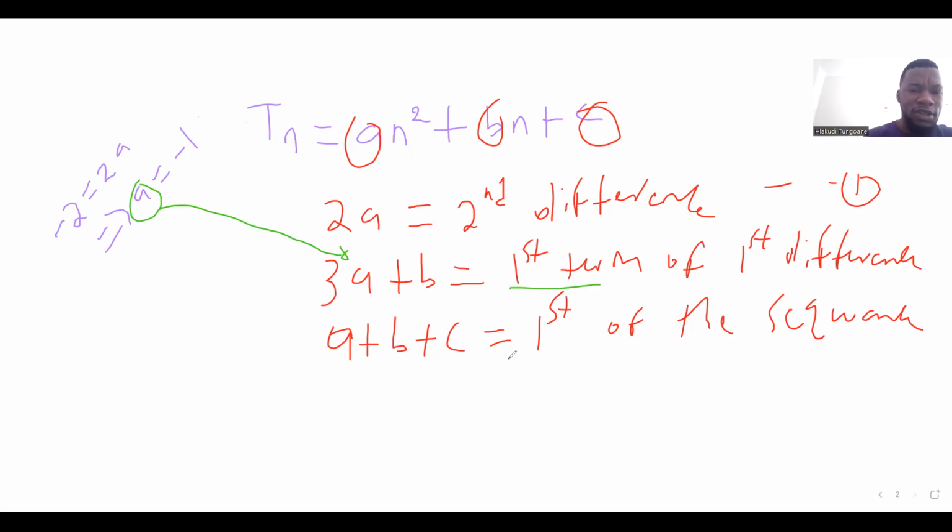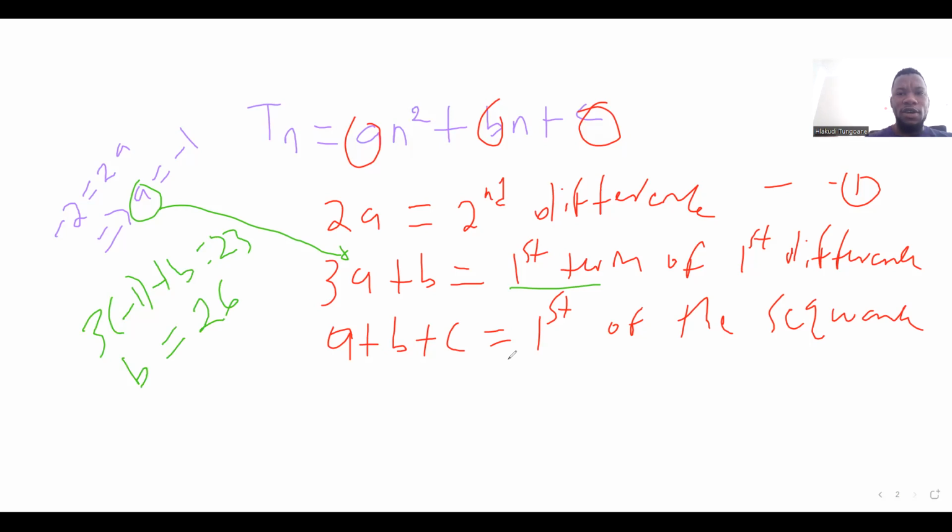We're going to have 3 times a, a is -1, you substitute there, plus b. b is what we're looking for, must equal 23. So if we make b the subject of the formula, b is going to equal 23, and you take -3 from the left to the other side, so that's going to be plus 3. Then 23 plus 3 is 26.